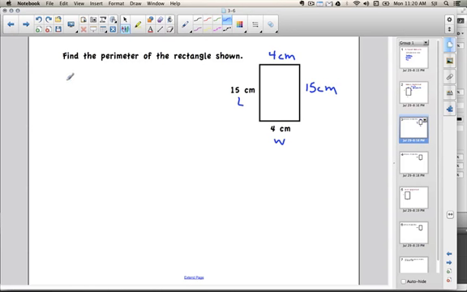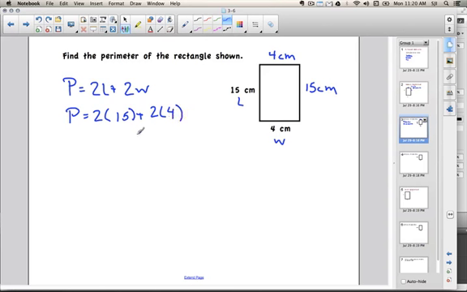We know that the formula to find the perimeter of a rectangle is P equals 2 times L plus 2 times W. So now we just have to take the information from the rectangle and put it into this formula. So P is going to equal 2 times the length, which is 15, plus 2 times the width, which is 4.